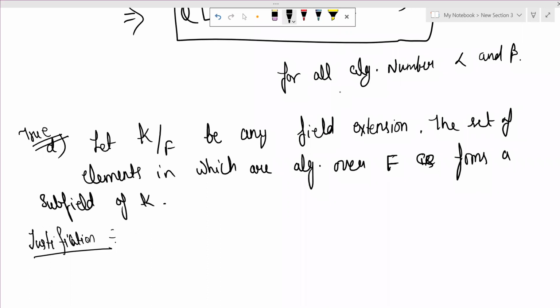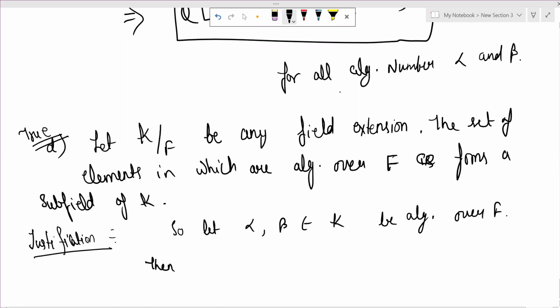Okay. So how will you prove it? Let alpha, beta belonging to K be algebraic over F. Then we need to show alpha plus beta is also algebraic.